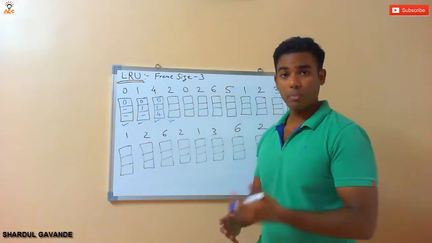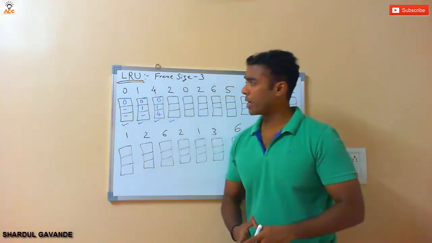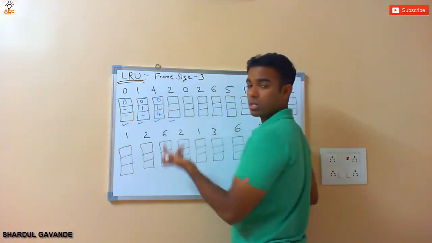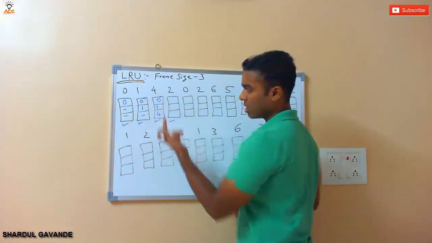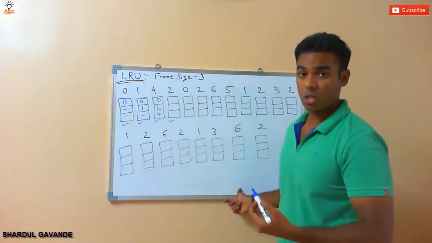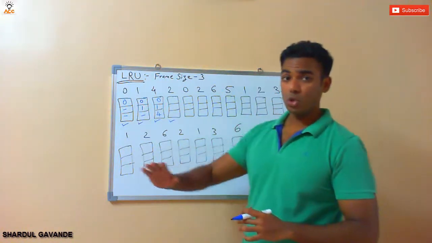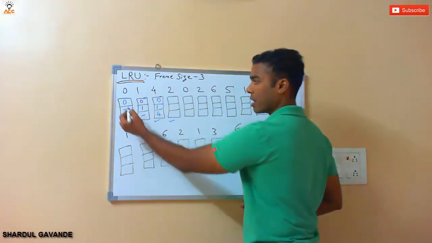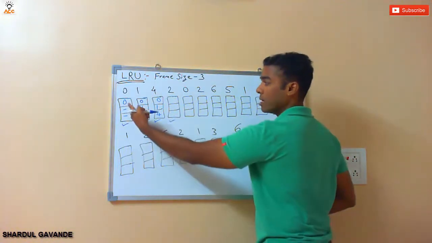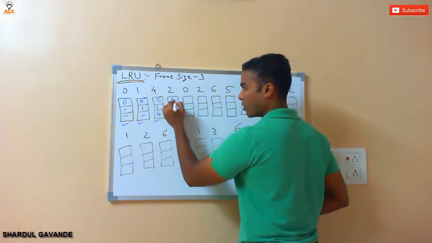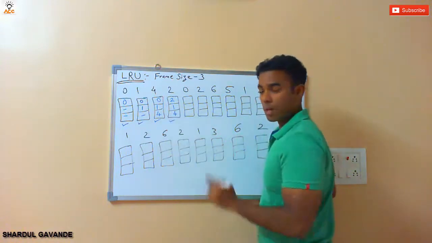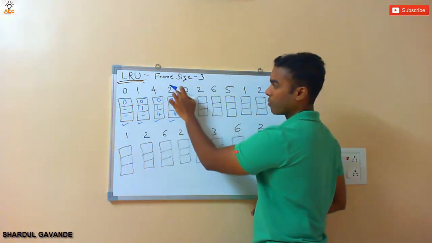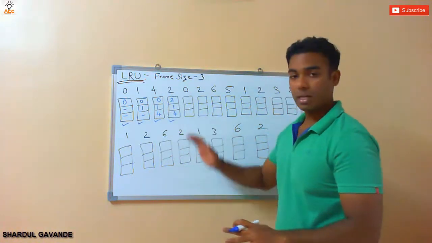As we are doing LRU, least recently used, 4 was recently used, 1 was also recently used, so the number not used for the longest time is 0. So we simply replace 0 with 2 and keep the rest the same. So we have 2, 1 and 4.